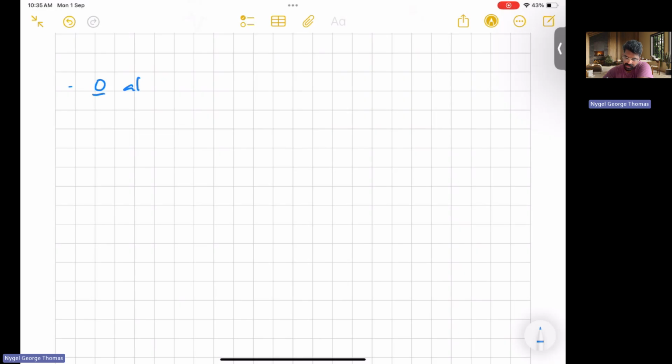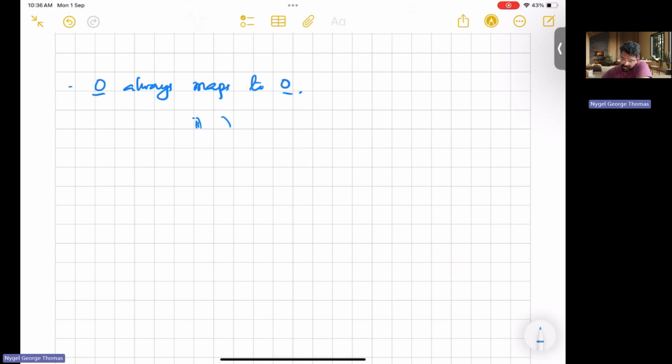Zero vector always maps to zero. Why is it so? Because of the scaling property, right? It's because of just the second property.